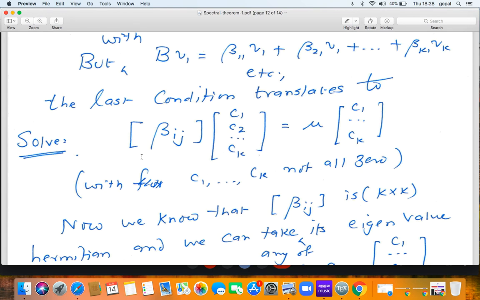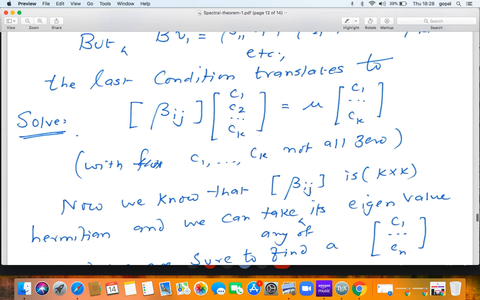What do we know about the square bracket beta ij? Remember lemma 1: the square bracket beta ij is a Hermitian K by K matrix. And we want the C's to be not all zero, that means a non-zero vector of C's such that beta C equals mu C. So what must be this C? No prizes for guessing. We must try an eigenvector. This C1, C2, Ck must be an eigenvector of this beta matrix.